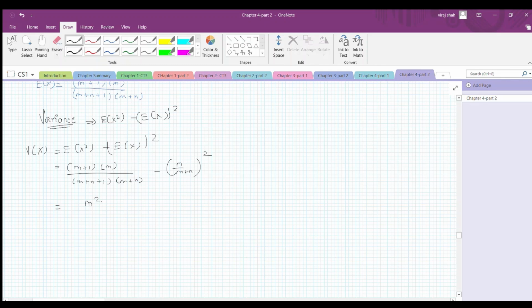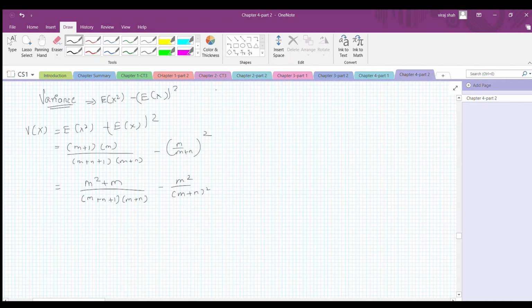So it would be nothing but m square plus m. Denominator remains as it is. What did I do? I did multiply m with respect to each variable. So yeah, the denominator remains as it is. Similarly, this becomes m square upon (m plus n) the whole square, right?